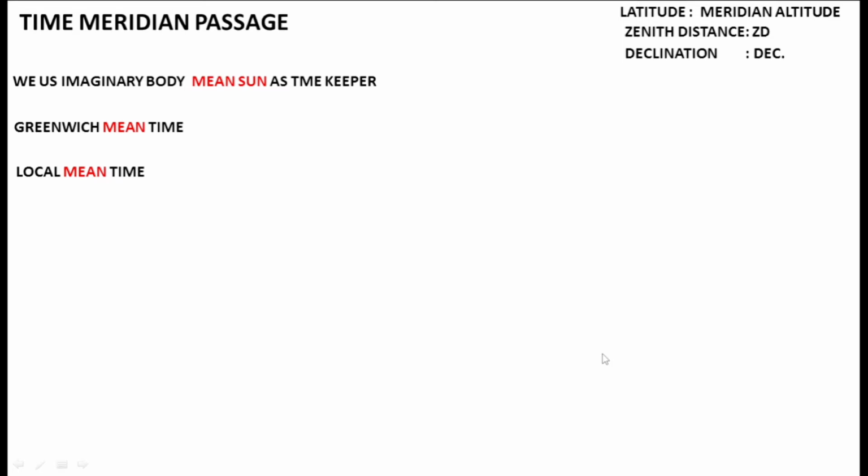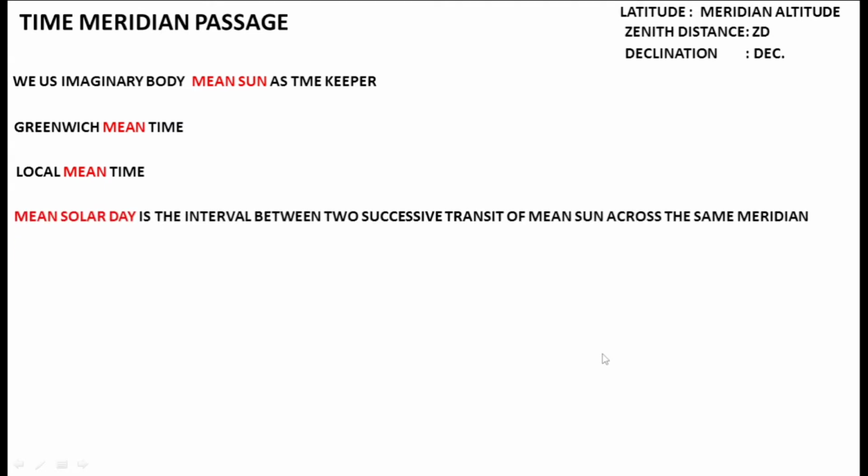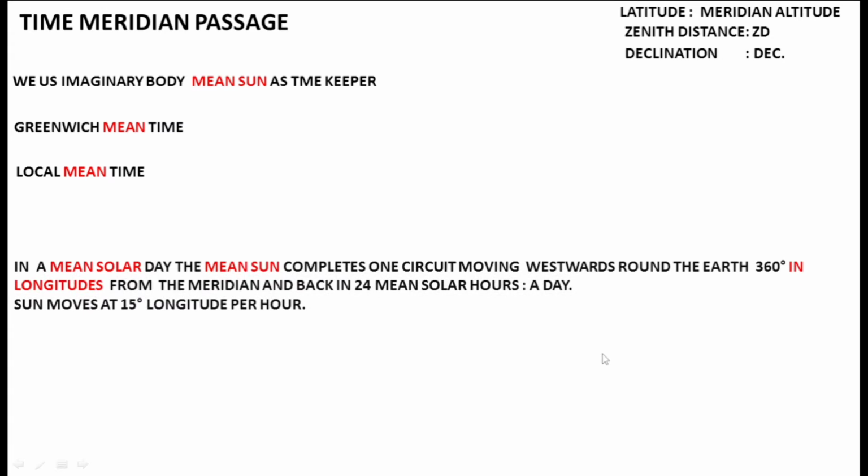So I'll briefly talk about the relation between longitude and time. A mean solar day is 24 hours, and it is considered that the mean sun will transit the same meridian twice. That successive transit is a mean solar day, and we take it as 24 hours. The Earth goes around in 24 hours of mean solar time, so it covers 15 degrees per hour.